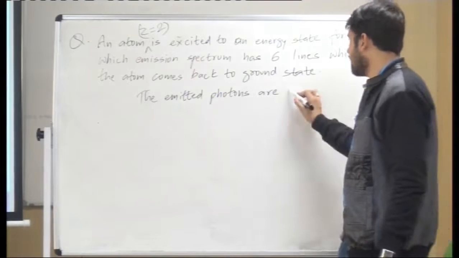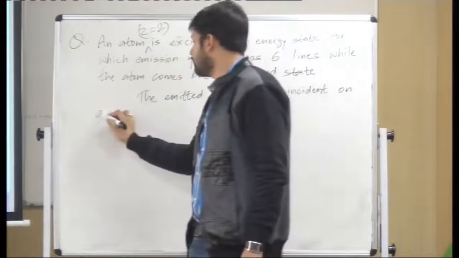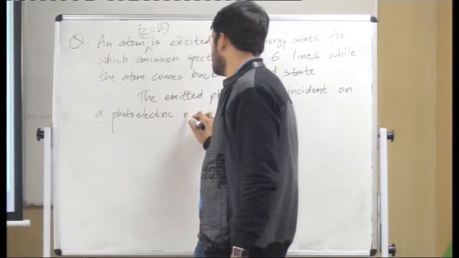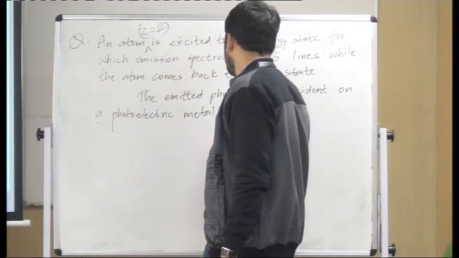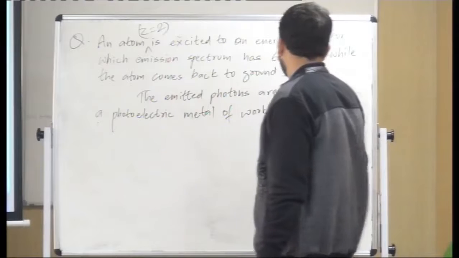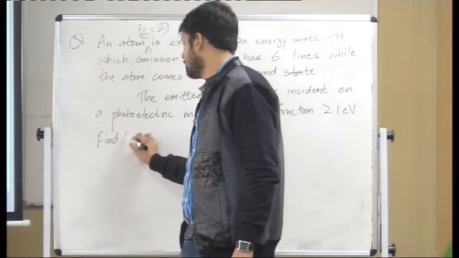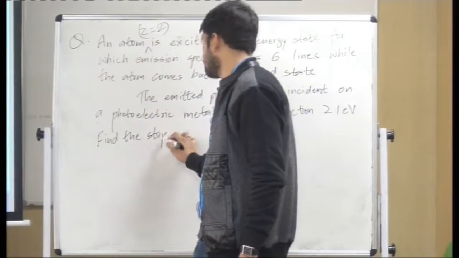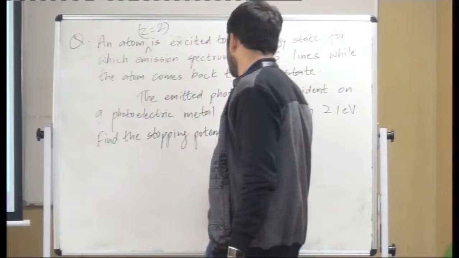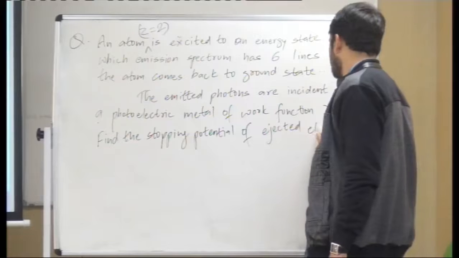The emitted photons are incident on a photoelectric metal of work function 2.1 electron volt. Find the stopping potential of ejected electrons.